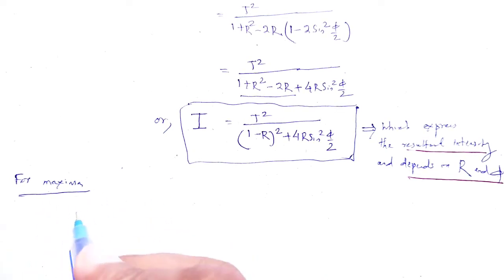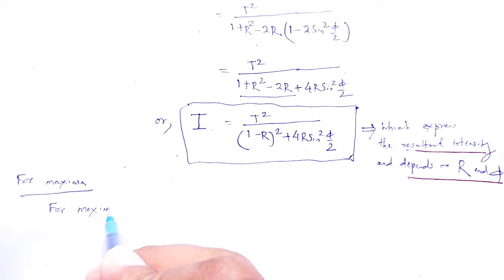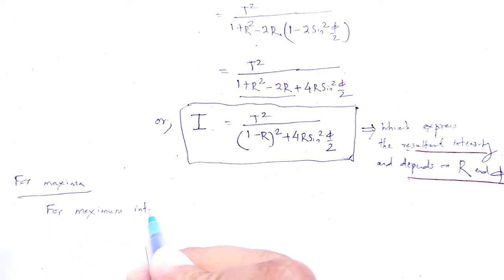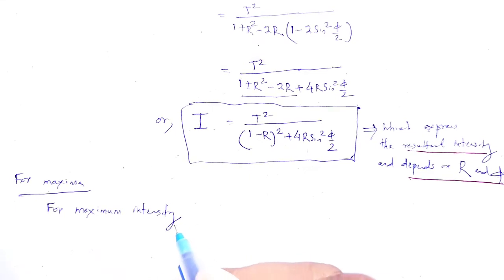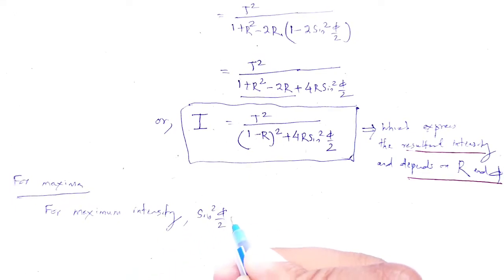For maximum intensity, sin square phi by 2 will be 0.